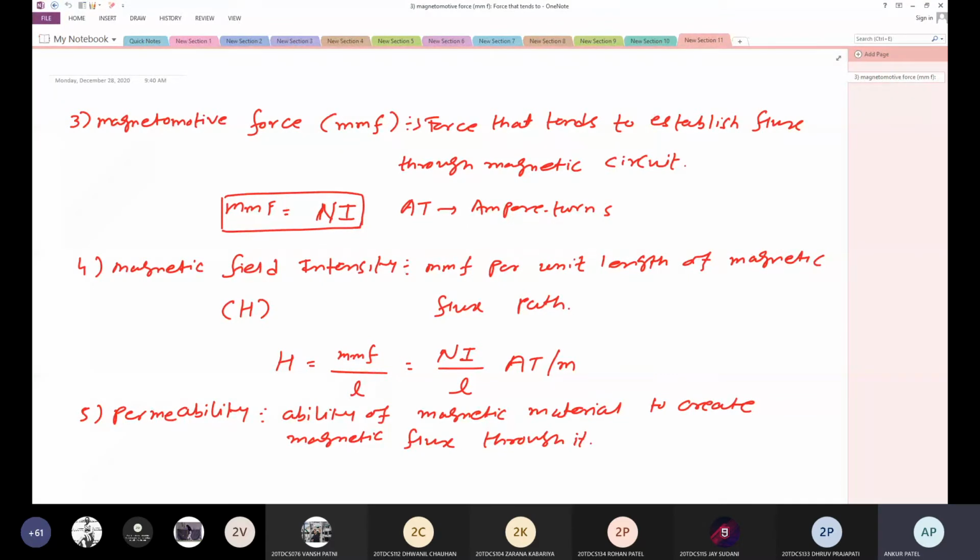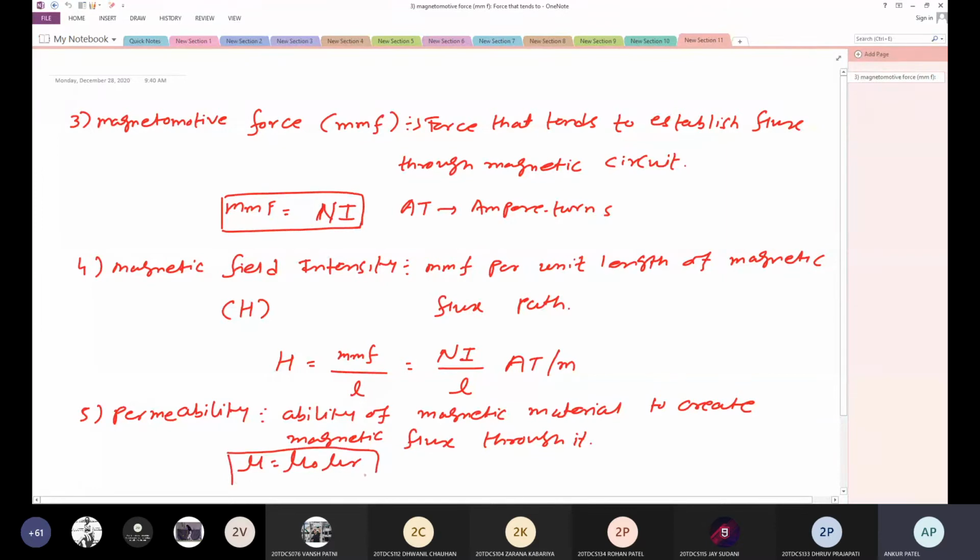So permeability is different for different magnetic materials. It is given by the product of permeability of vacuum and relative permeability of the magnetic material. Permeability is denoted by mu. Mu is equal to mu 0 mu r.